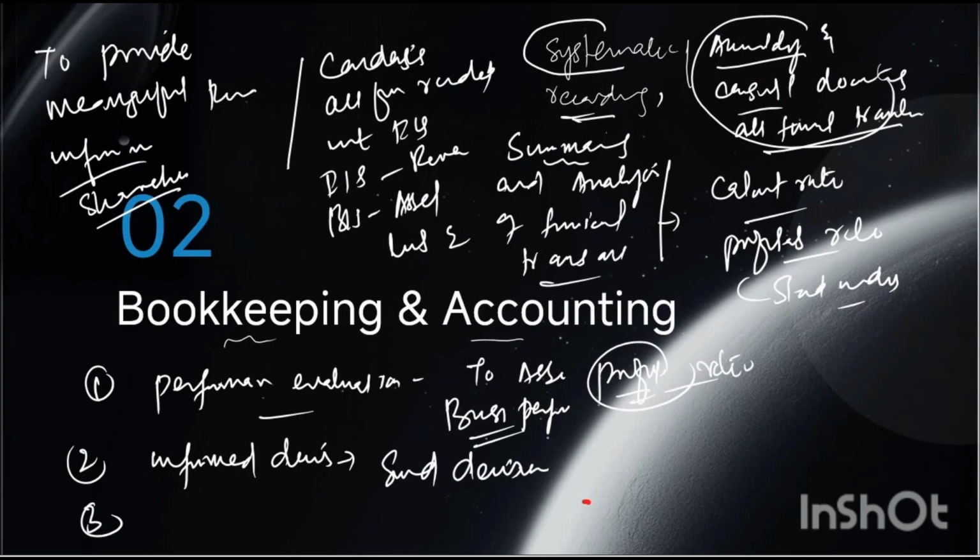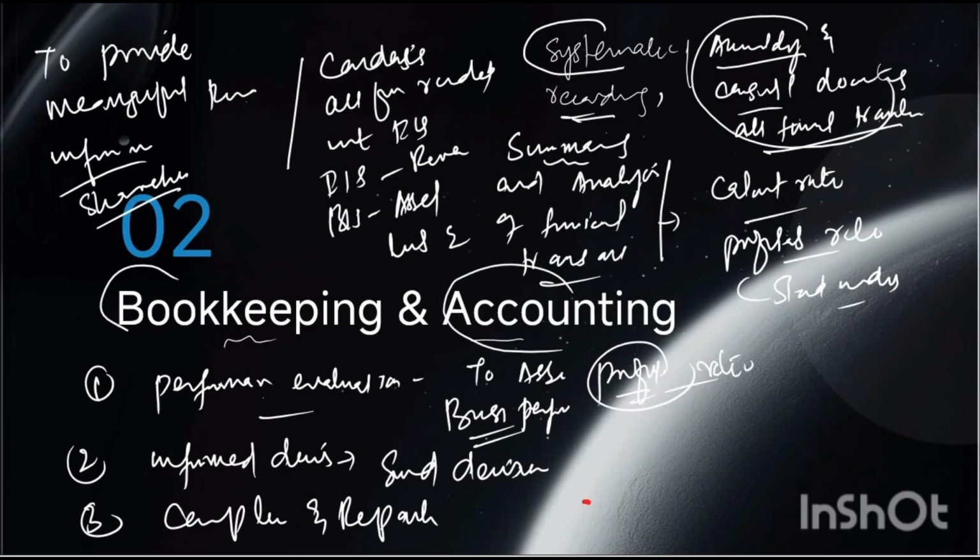The third purpose of accounting is compliance and reporting. When you have this accounting information, you have to meet the legal requirements, and you provide transparent financial reporting. So this is all about accounting and the purpose of accounting.